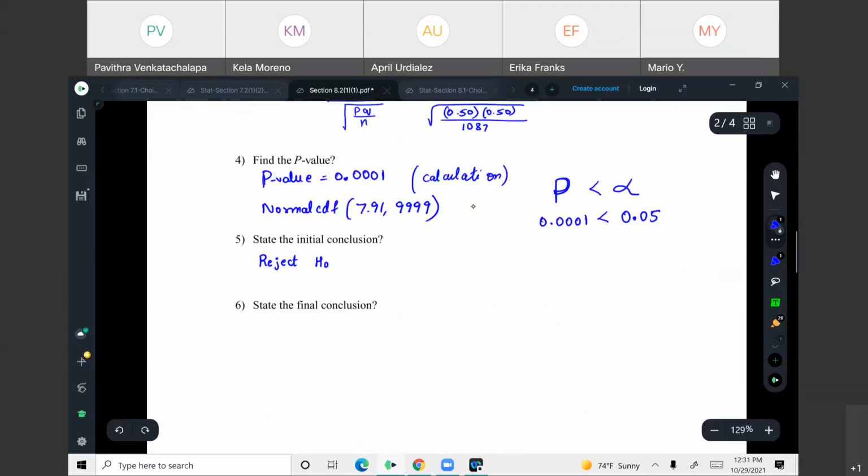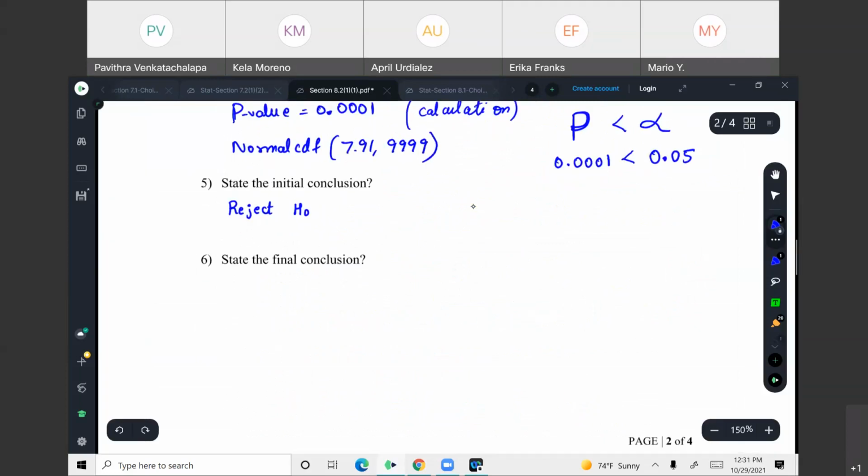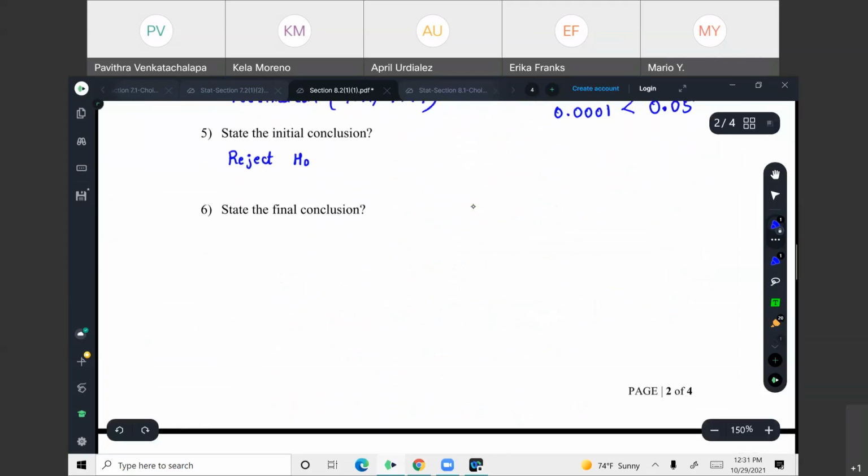So once you figure this out, you just have to put that in a statement. So, supporting the claim. You're going to support the claim and you have enough evidence. So we just have to put this in the statement.